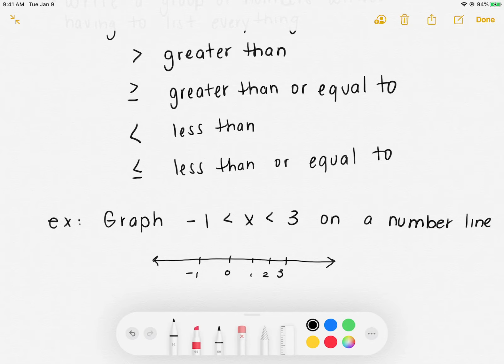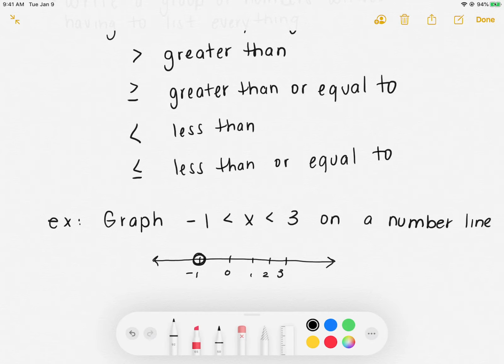Then it gets a little tricky, because I have to remember: do I want an open circle or a closed circle? Greater than means I can have every number bigger than -1, but I can't have -1. That's why I use an open circle, because I can get really close to -1, but I can't actually have -1.